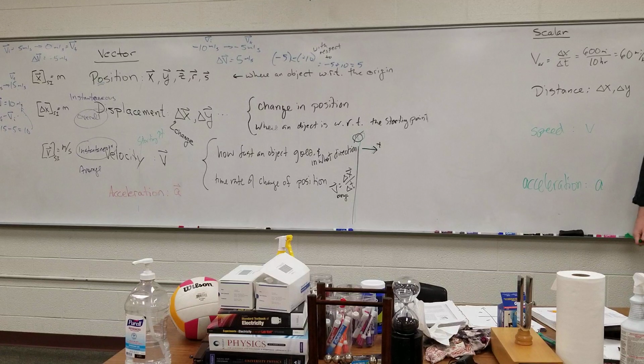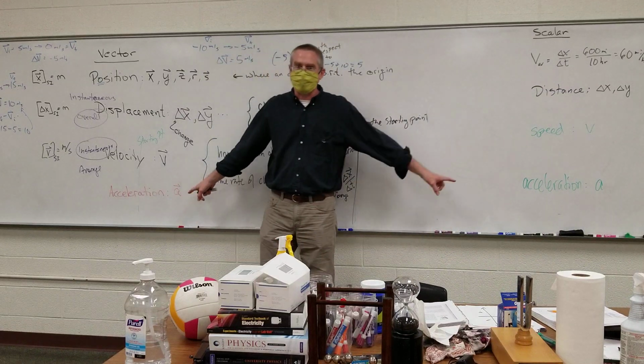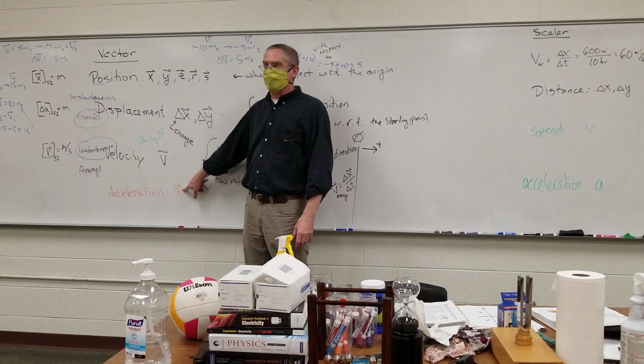On quizzes and tests, and I've gotten better about this and corrected some old things, I should have the a with a vector or a without the vector right after the word acceleration so you know which one I'm talking about. If I don't and you're not sure, can't pick it up from context, then ask. Typically in a textbook, when they ask for acceleration, they are talking about the vector. They don't distinguish between the two when they just say, what is the acceleration? This is the one that, 99% of the time, they're talking about.